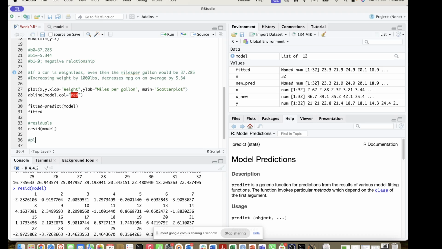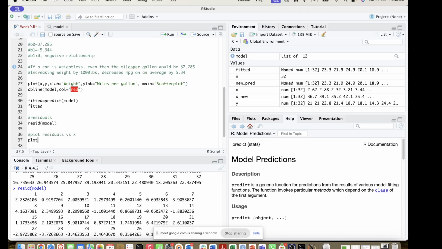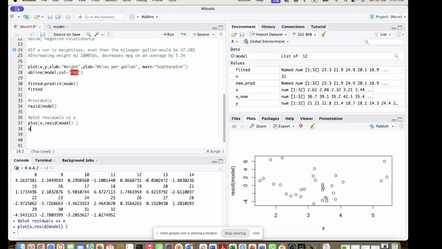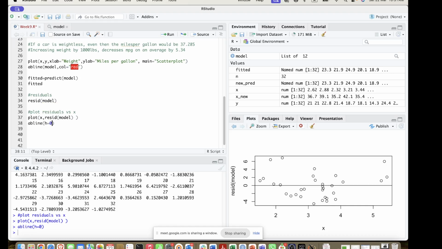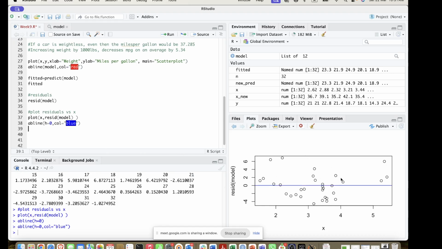So if I do a plot of residuals versus x, and we see that these points are scattered about 0 randomly, then this is one way of validation that perhaps the model fit is okay.